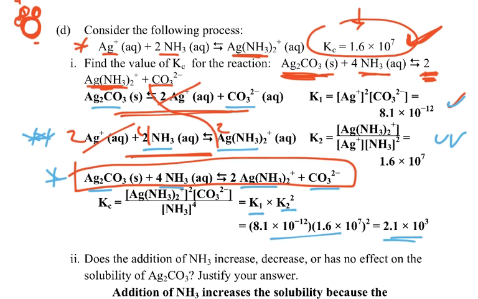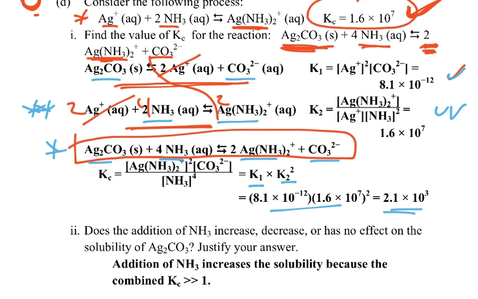So the question is, conceptually, does the addition of the ammonia increase, decrease, or have no effect on the solubility? Well, we can see here this new equation has a value that's greater than 1, and greater than 1 means that it is going to go forward as you do this reaction. It's going to be product favored.